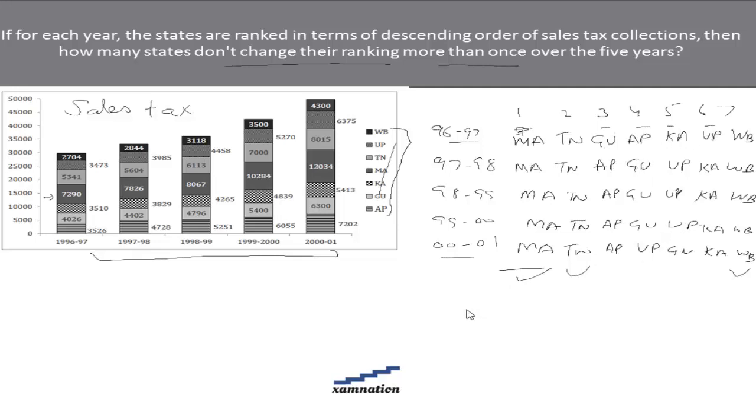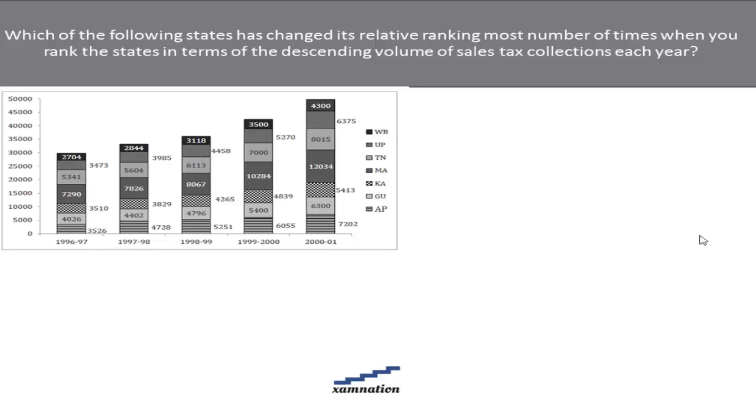Gujarat has changed 3 times, Andhra has changed 2 times, Karnataka has changed 2 times, and UP has changed 1, 2, and 3 times. So Gujarat and UP have changed ranking 3 times, Andhra and Karnataka 2 times. So these are the states which have changed ranking the most number of times: one is Gujarat, second one is UP.